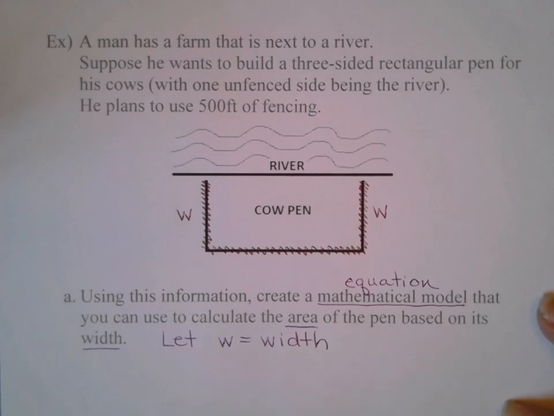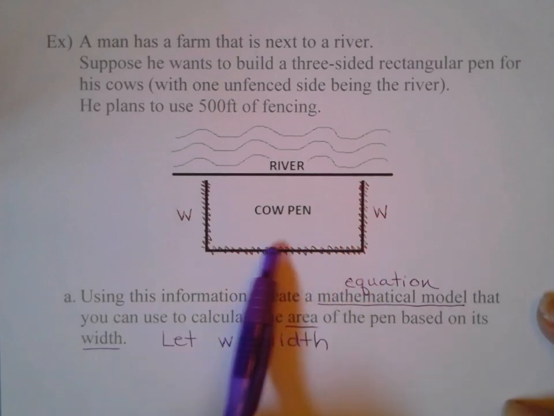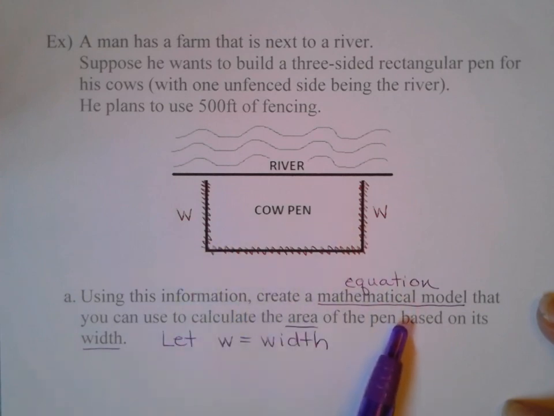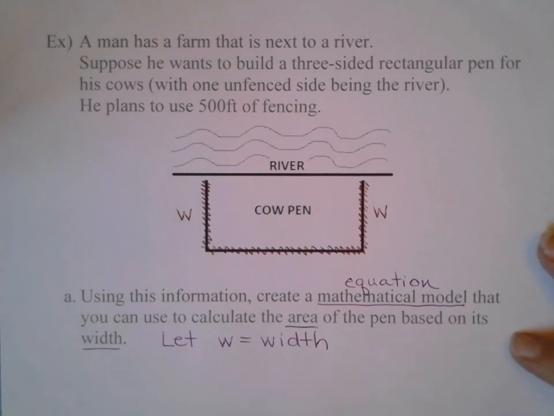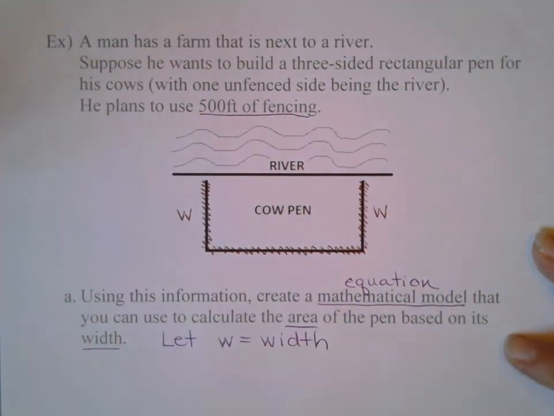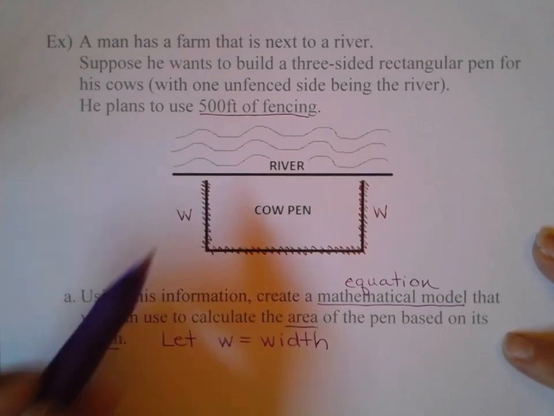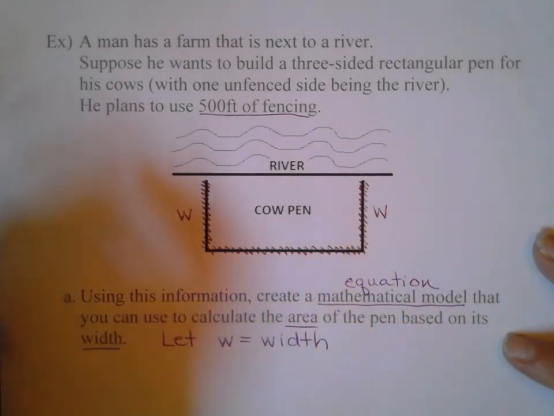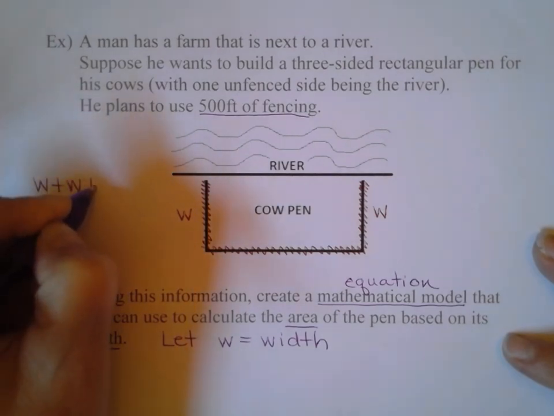All right, and then I need to come up with a way to represent the length, because it asks me for an equation that's just based on the width. So what I'm going to do is I'm going to use the fact that we have 500 feet of fencing total, and I want to use all of that. That's kind of the implication here, right? So if I added up, let's say this is my length, I have W plus W plus the length.